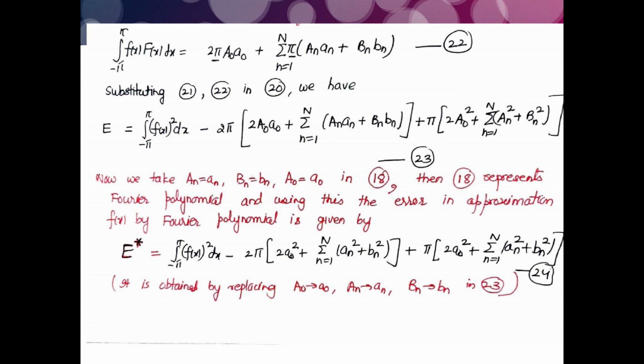Let's represent this error by E star. First expression in equation number 23 will be as it is. Second and third expression in bracket, we can just simplify them by replacing the above said coefficients. So equation number 23, E star, it is the error when we approximate a function by Fourier polynomial.